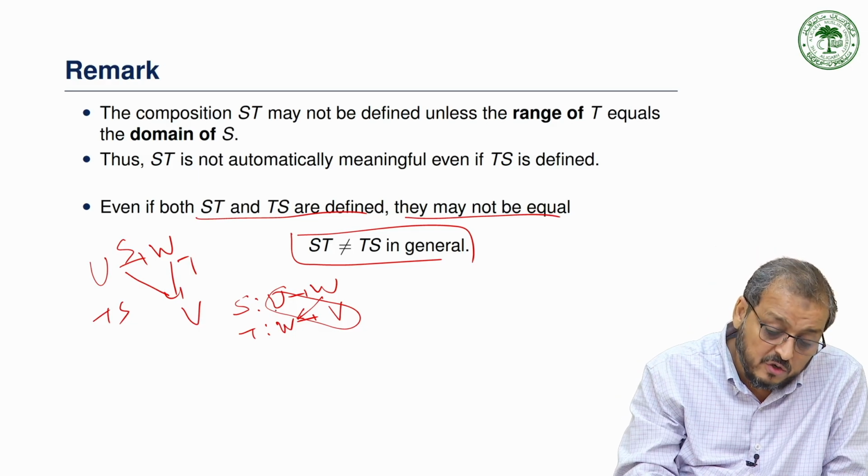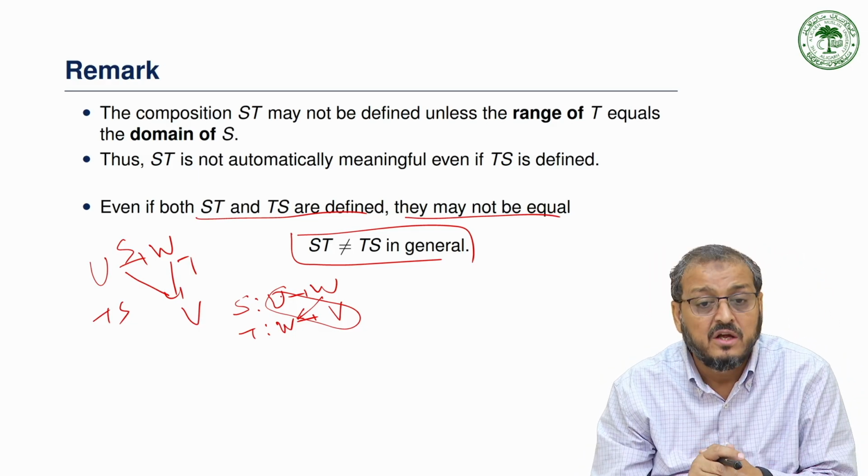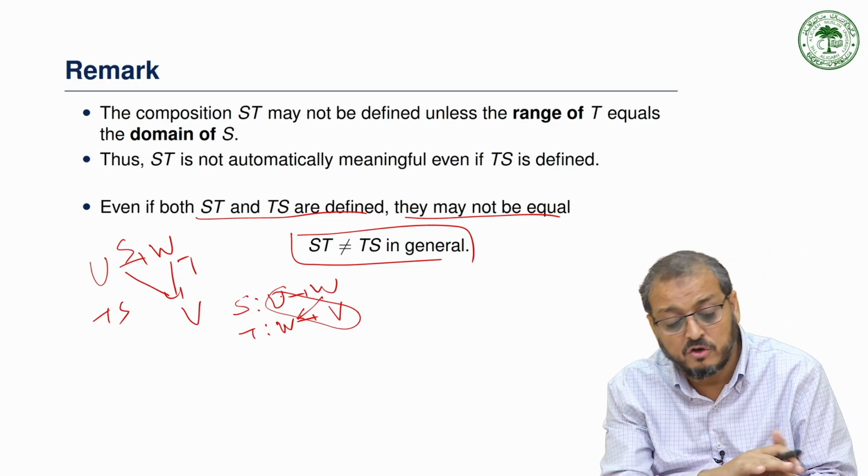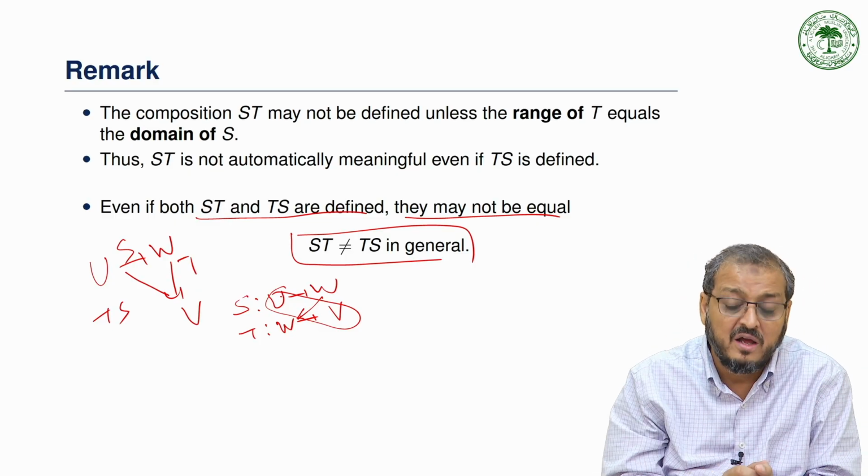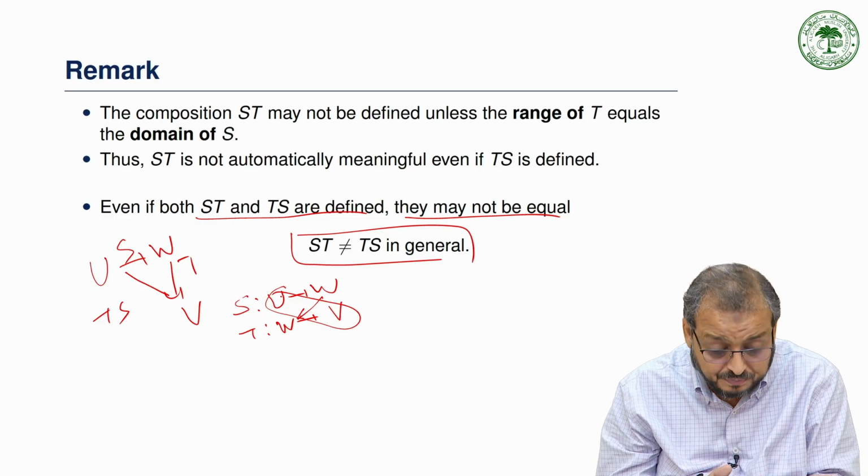So this means the range of this and the codomains are not equal. So TS being defined does not automatically mean ST is defined, and here ST is not defined.